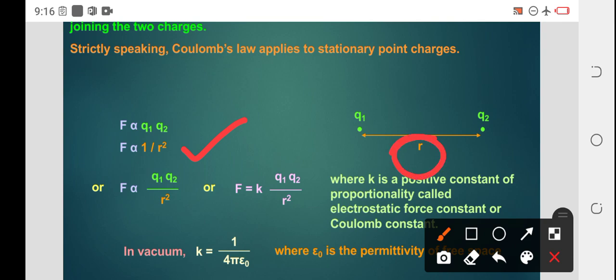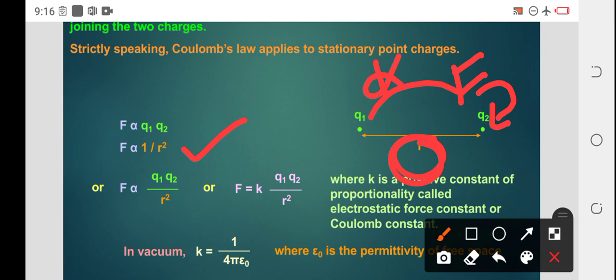Just imagine the force is acting on Q1 and on Q2, in the proportionality manner. Take r, the distance: the force works inversely proportional to their distance, so we take 1 by r square.